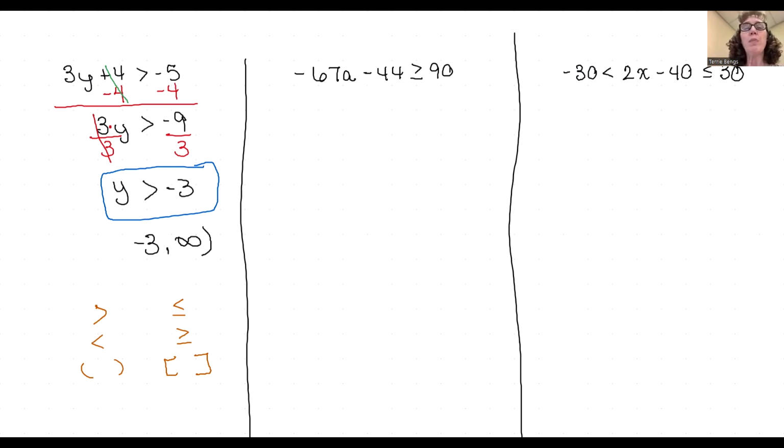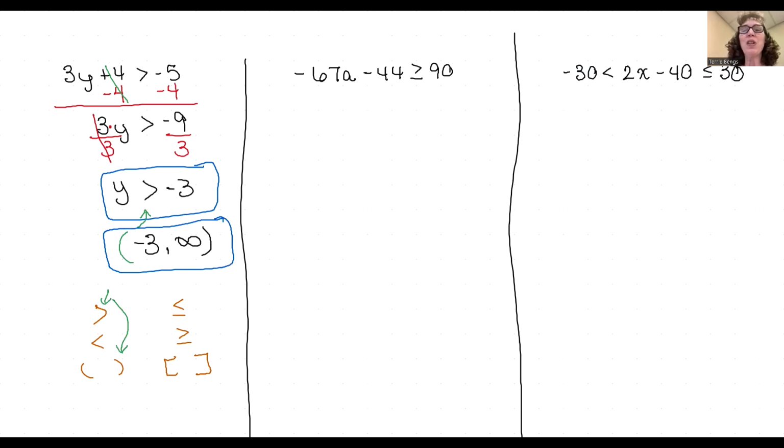And next to your number, we'll always look and see, hey, what was my sign here? It was a greater than sign, right? So I look down here. Here's my greater than sign. Greater than signs go with parentheses. So I will put that parenthesis right there around my negative 3. And with that being said, I have just written this in interval notation because it's just in parentheses or in brackets or a combination of the two.